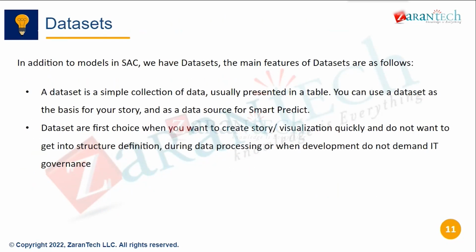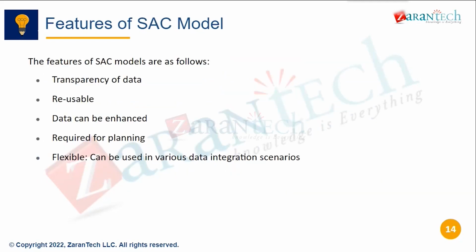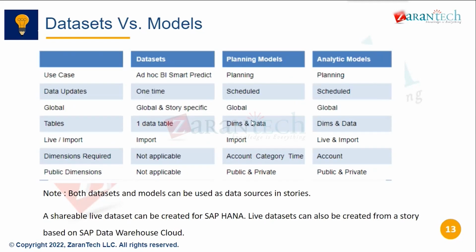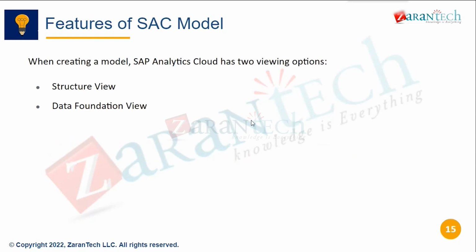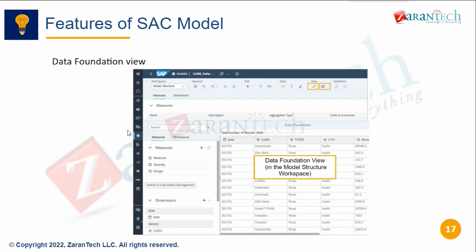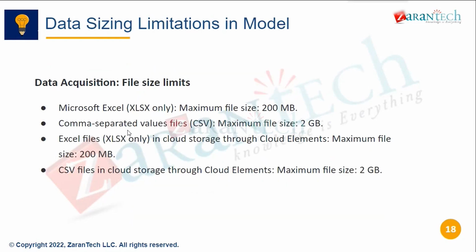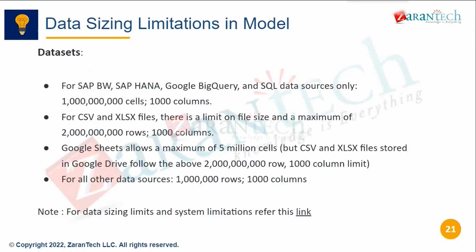Now this is what we saw, data sets. What are data sets? How you can create data sets in the SSE. And what is the comparison between data sets and models? You can see these are the comparison parameters. Features of SSE model, features of SSE model data, and I'll show you all these things. And then data foundation views, and then data sizing limitations for models and data sets.